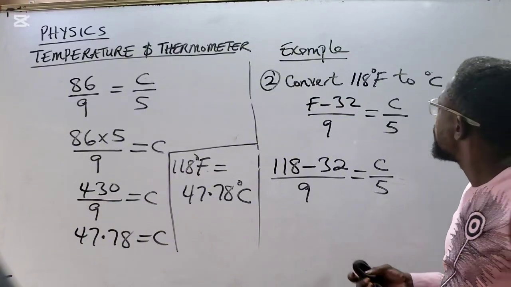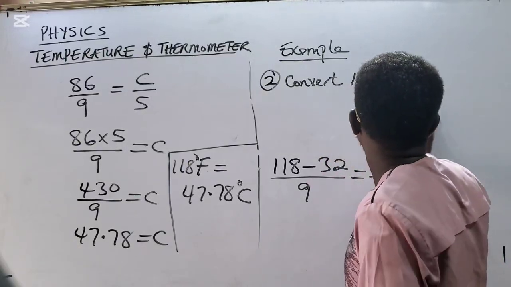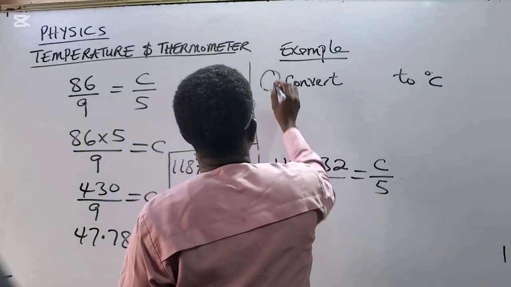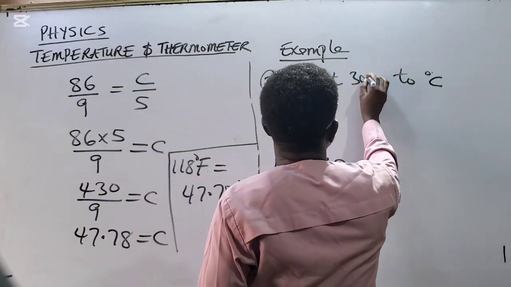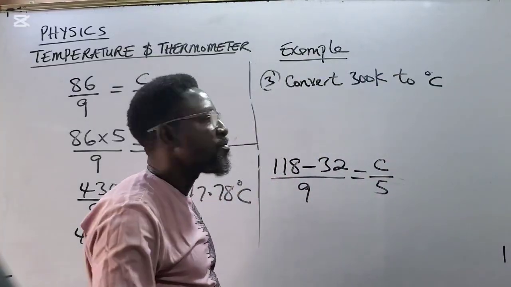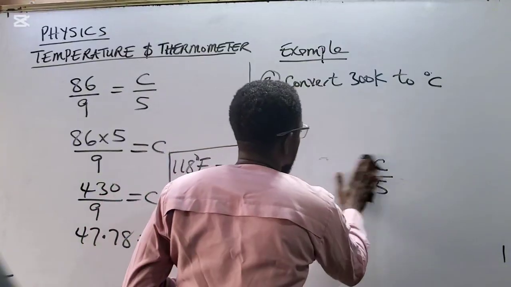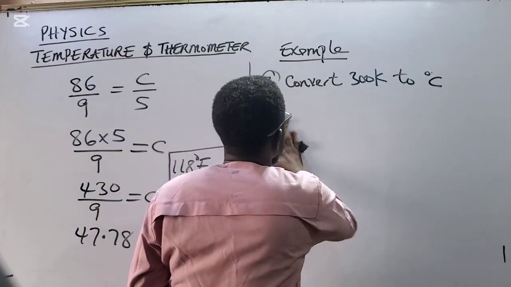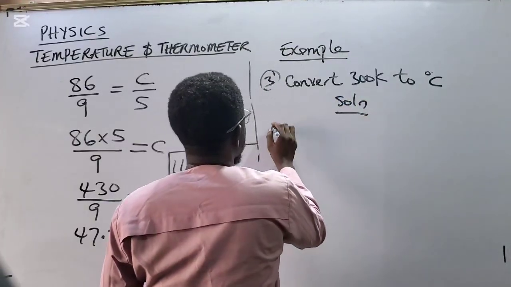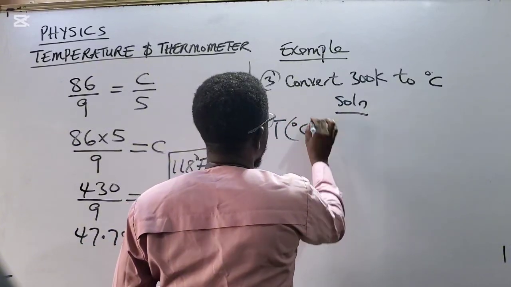So now let's see how we can convert from Kelvin to degree C. Question 3: convert 300 Kelvin to degree C. You want to convert from Kelvin to degree C. We subtract 273.